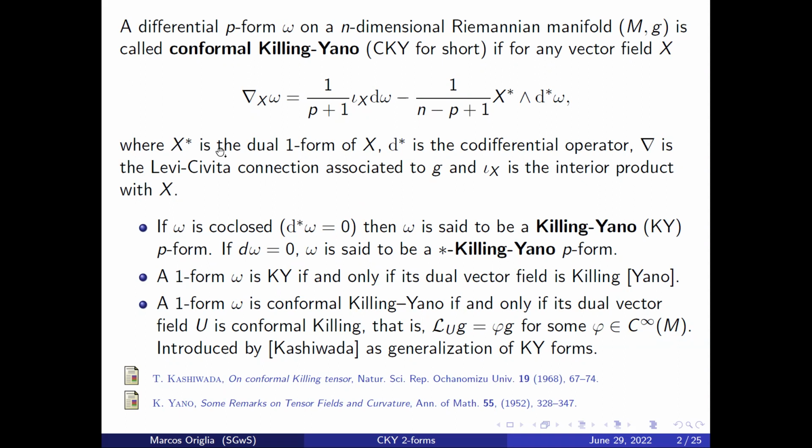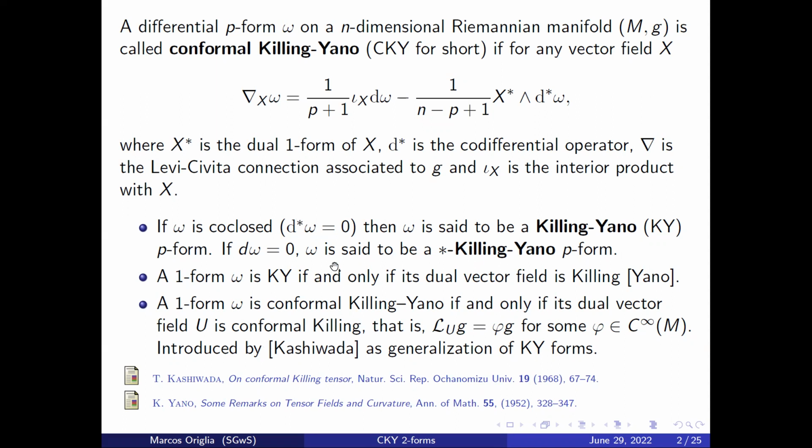For instance, if in addition the p-form is co-closed, so δω equals 0, then ω is called a Killing-Yano p-form. On the other hand, if ω is closed, then it's called a star-Killing p-form. So this is a kind of generalization of the normal Killing-Yano p-forms.